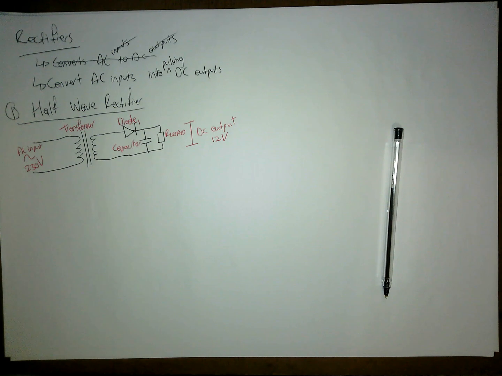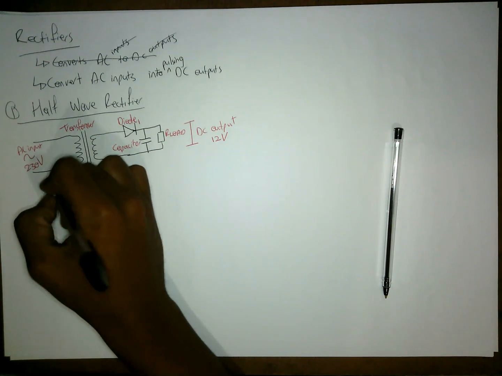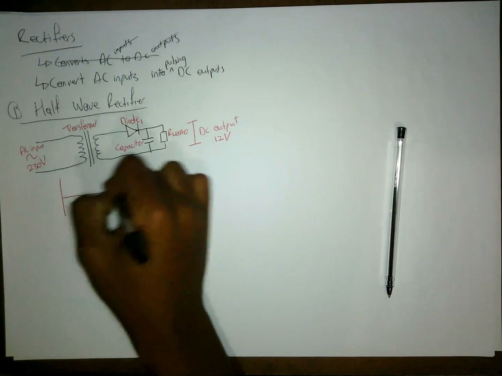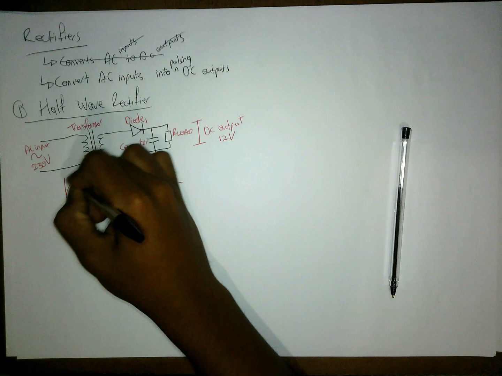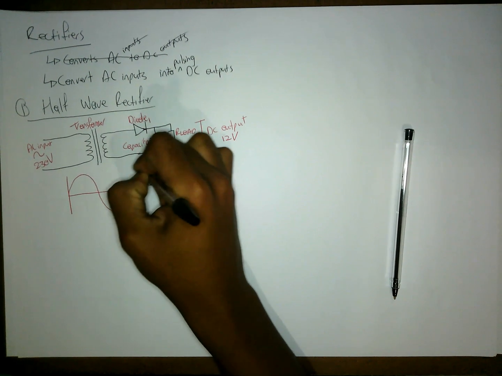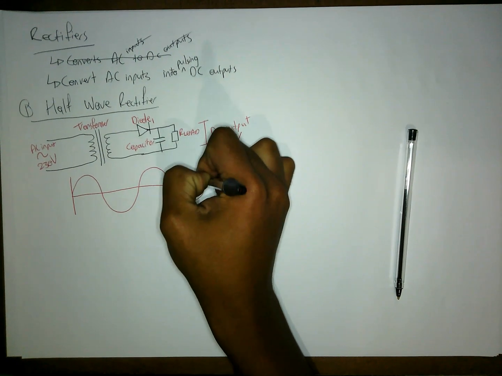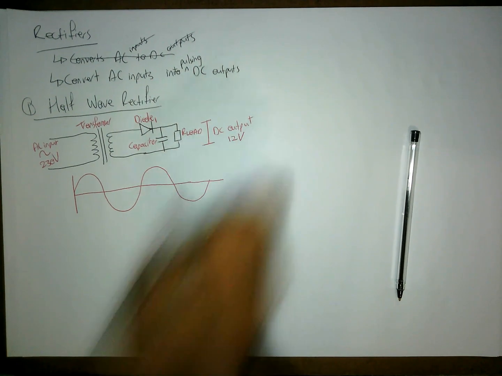So our AC input, our waveform, is looking like this. It is just sine waves, looking like that.